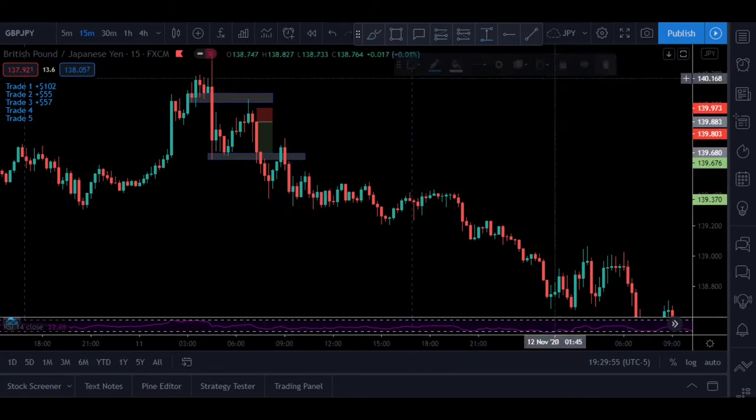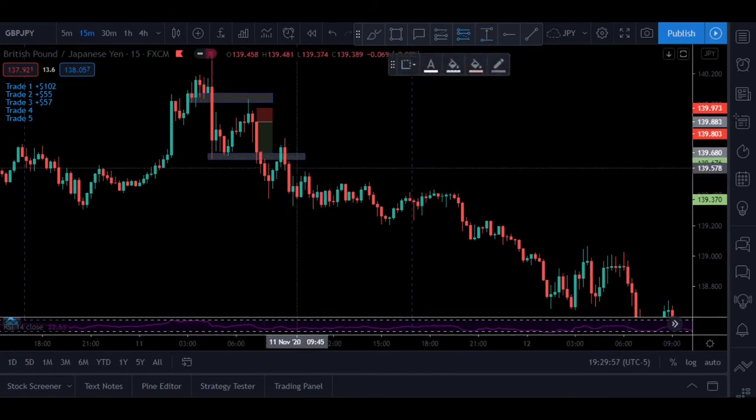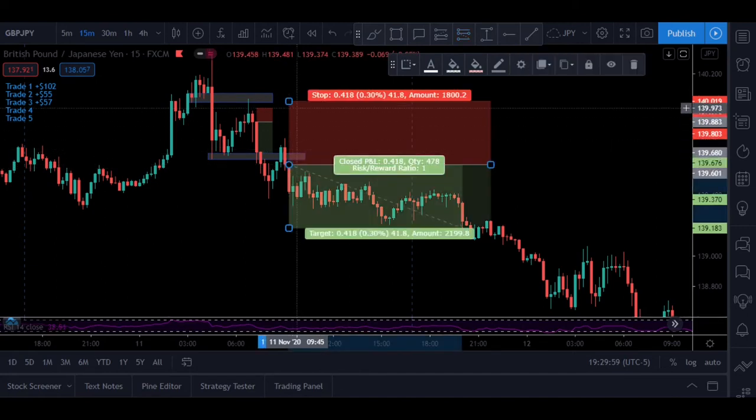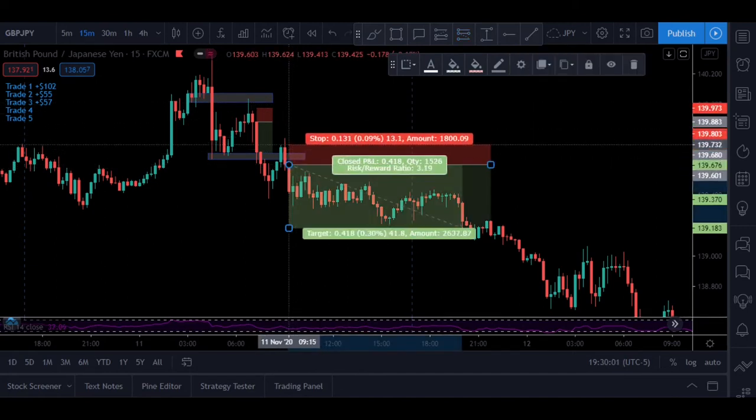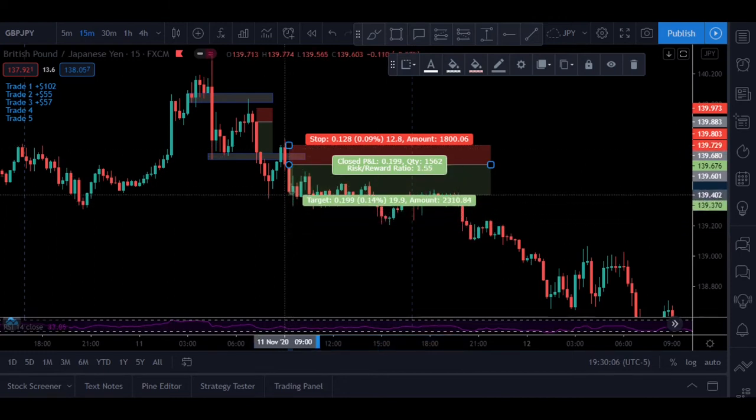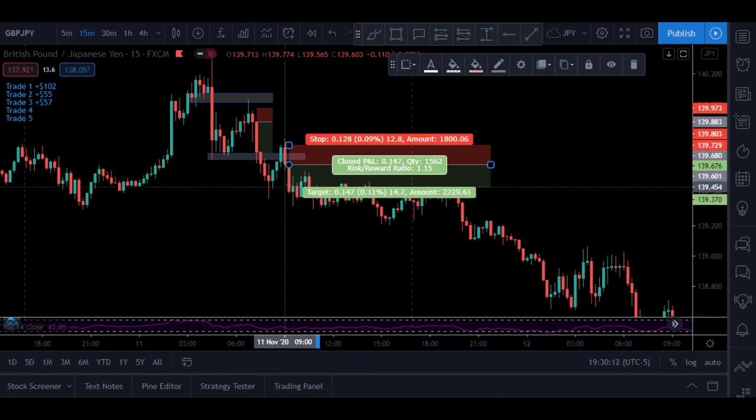We're going to register this trade too. This one I did actually take in the live trading. Stop loss placed above the candle and the target about this level. You could have gone either here or here, so it was about 1-to-1.